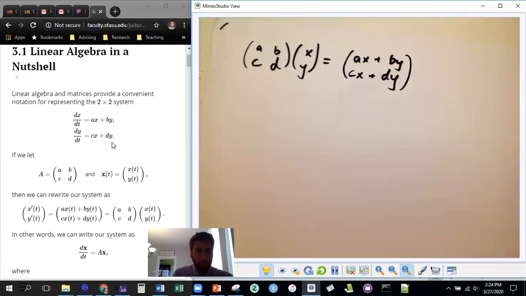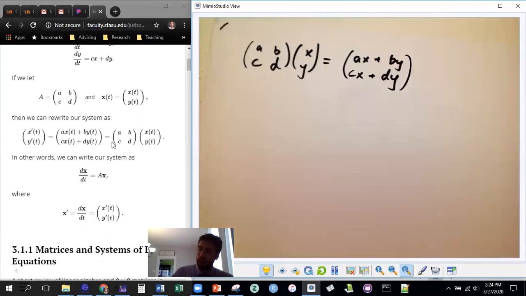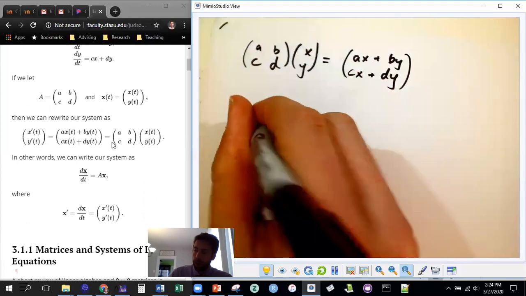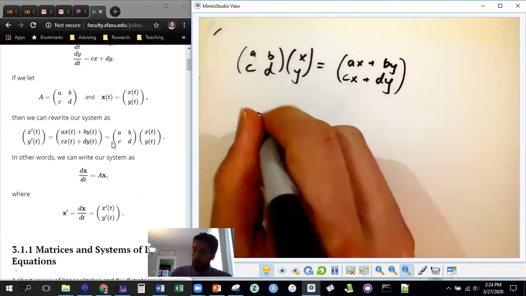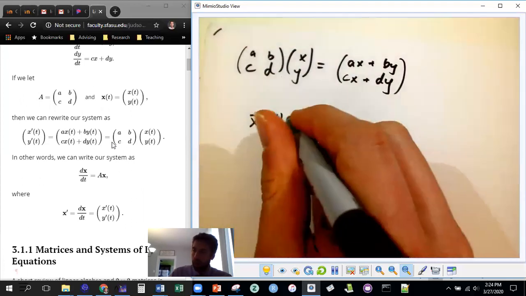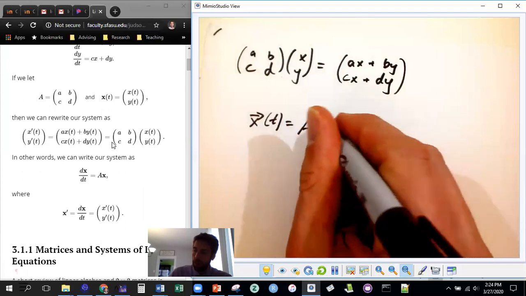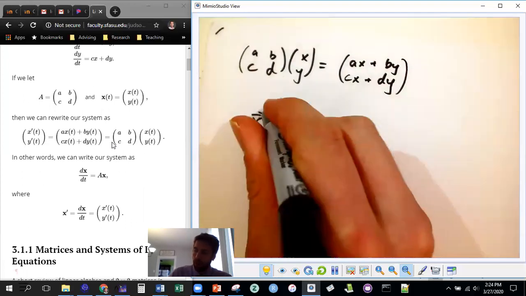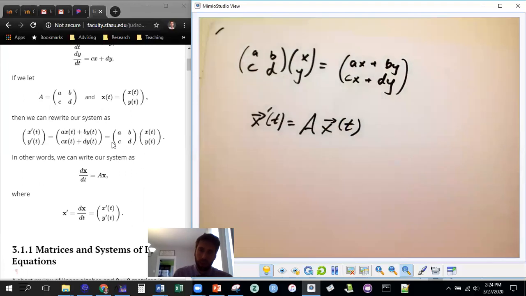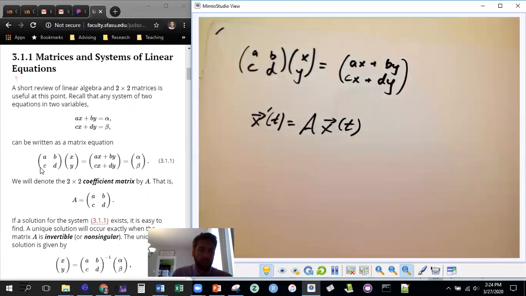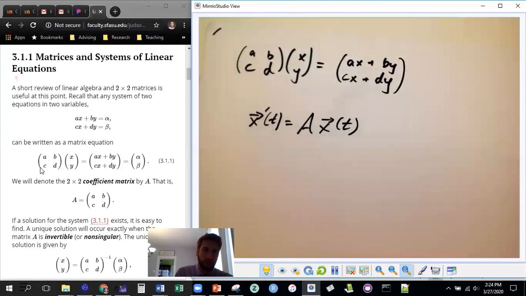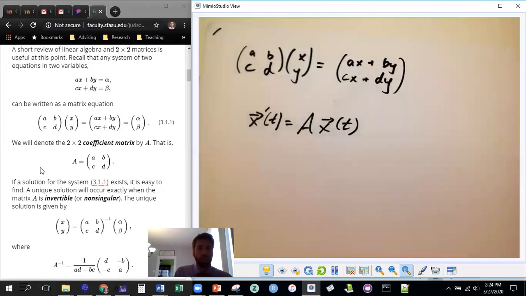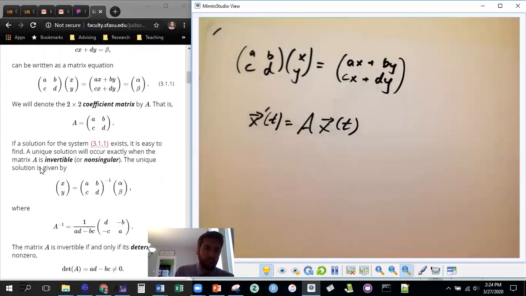So now if I think of my 2 functions, X and Y, with the little arrow over it like we did in Calc 3, then X prime of T equals a matrix times X of T. Now, there's a lot of things to know about matrices. We call A a coefficient matrix.